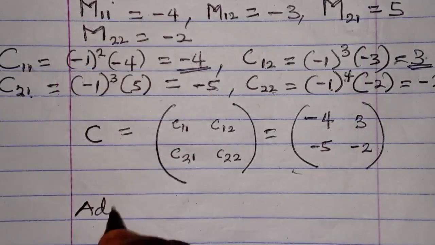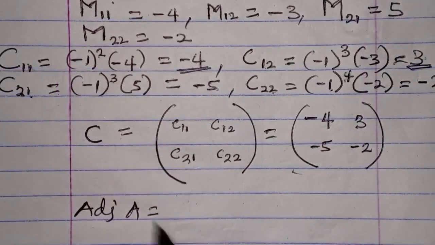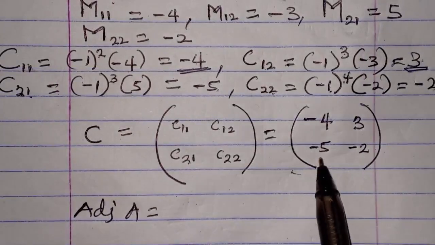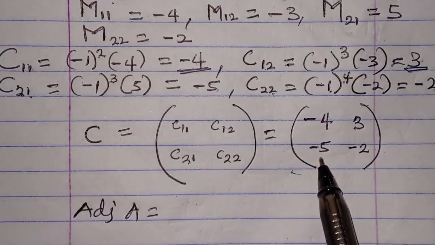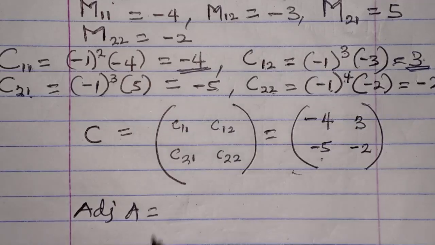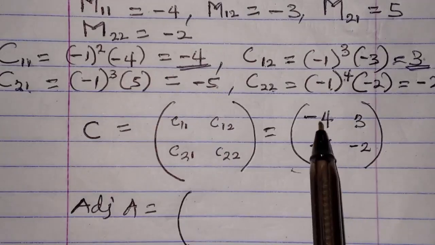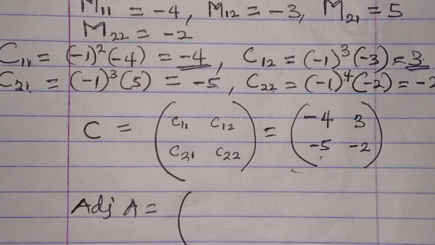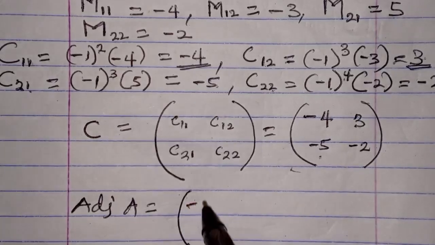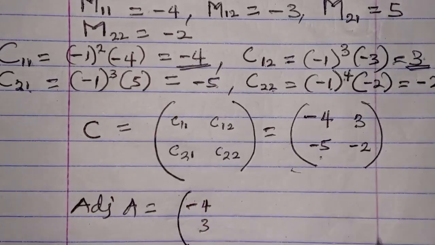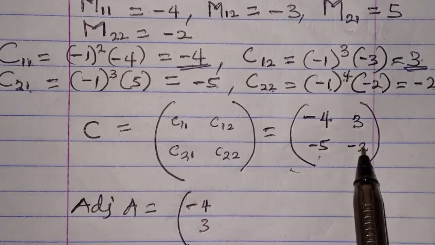The adjoint of the matrix A is the transpose of this cofactor matrix. To transpose this matrix, I will interchange the rows and the columns. Look at it. The first row here has minus 4 and 3. That will be the first column. Now, minus 4 and 3. And here we have minus 5, minus 2.